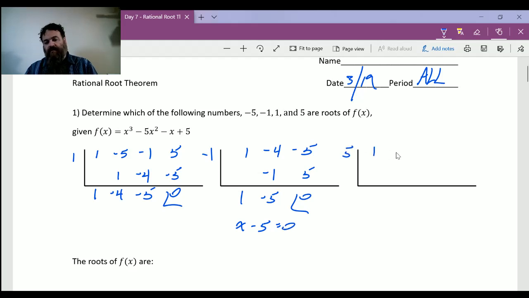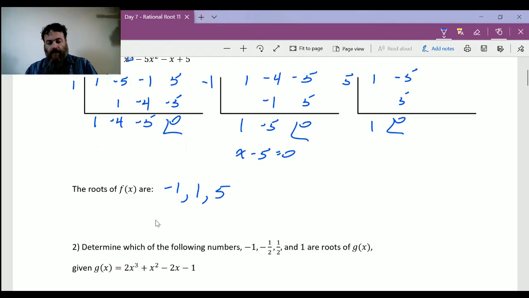But if you're a big fan of synthetic division, go ahead and do it. You do end up with that same result. So the roots for this one are going to be -1, +1, and +5. And according to the fundamental theorem of algebra, we know that there are 3 roots. So we found all 3 of them. Alrighty?